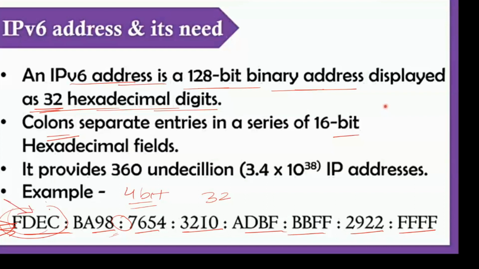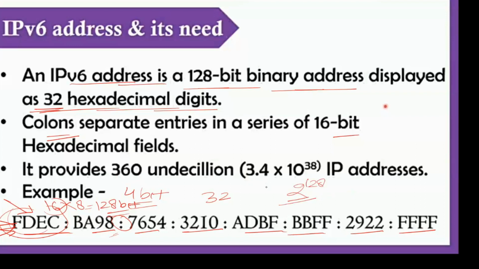So for 4 digits we have 16 bits. We have 8 fields, so 8 times 16 is 128 bits. And it provides about 340 undecillion. If you want to count, it is 2 power 128. So that will be the 340 undecillion.